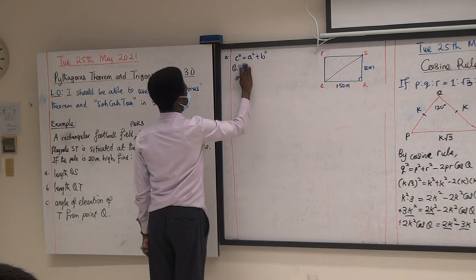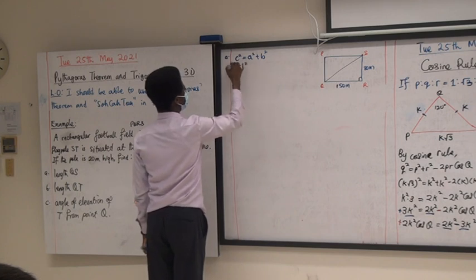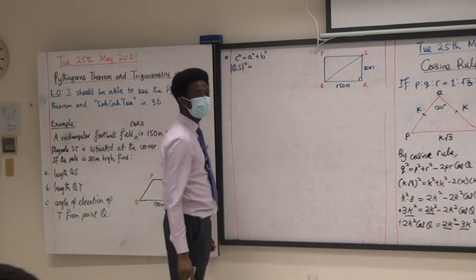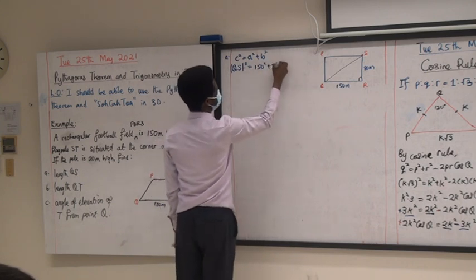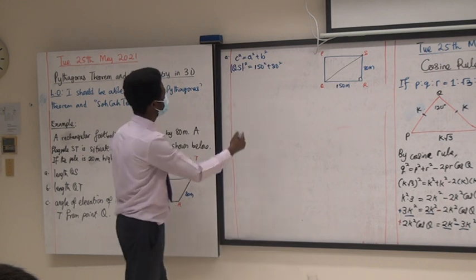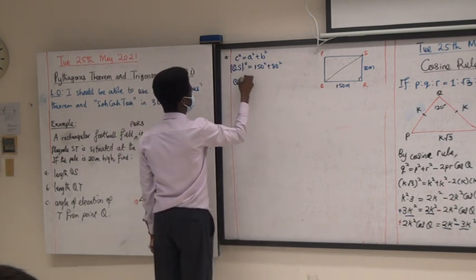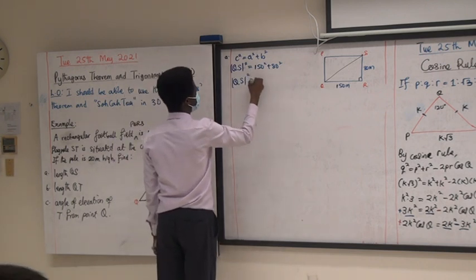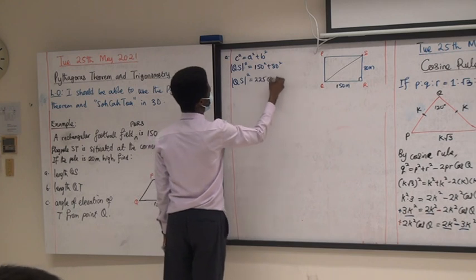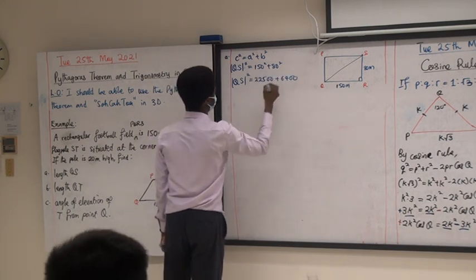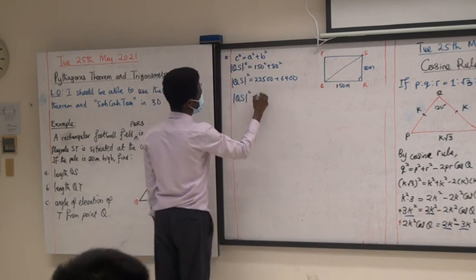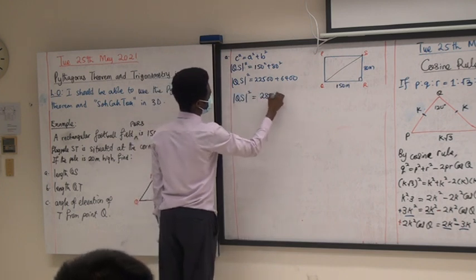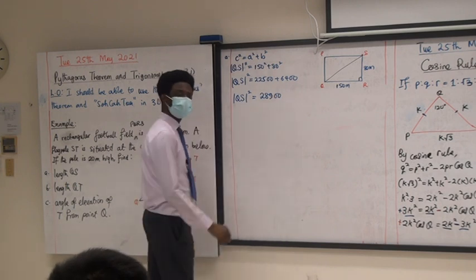So I'm going to write QS squared. Are you with me? The others are 150 and 80. Calculator will do the rest for you. Yes? Press your calculators now. Yes? 170. Is this correct? Yes.